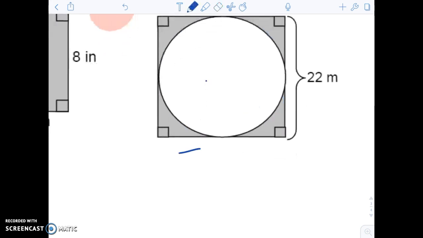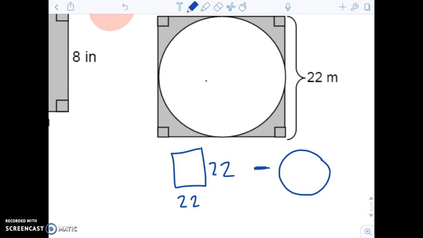So if I just want to get the area of this shaded polygon, I'm going to start with getting the answer for the entire square, which I could do because the base and the height are 22. And then from there I'm going to subtract off the area of the circle, which I can do because all I would need to calculate the area of the circle is the radius. And I know the radius because this entire length is 22, so just the radius right here is going to be 11.